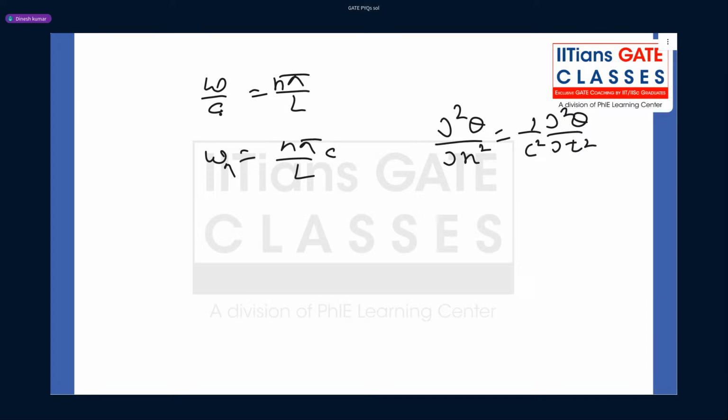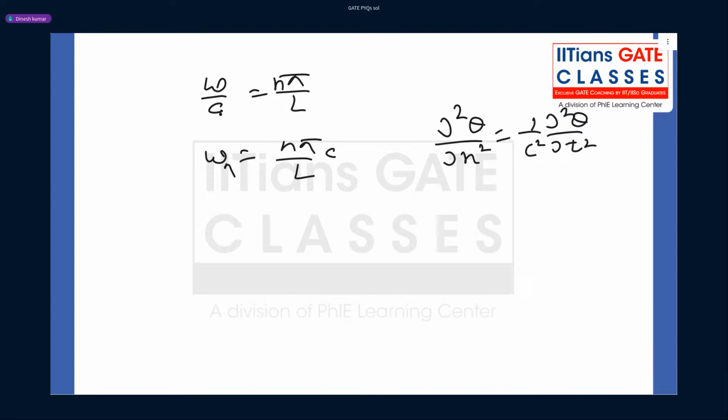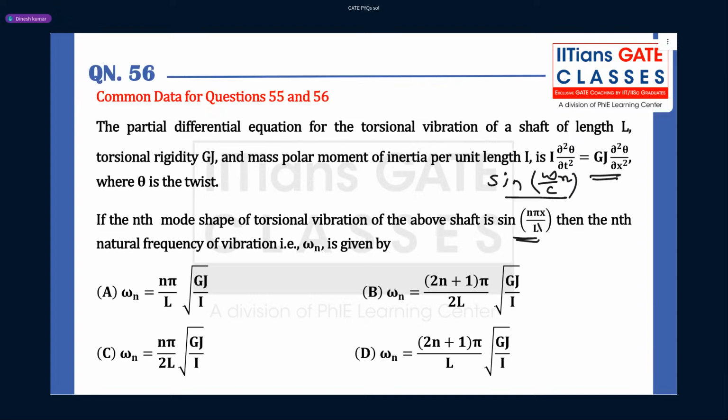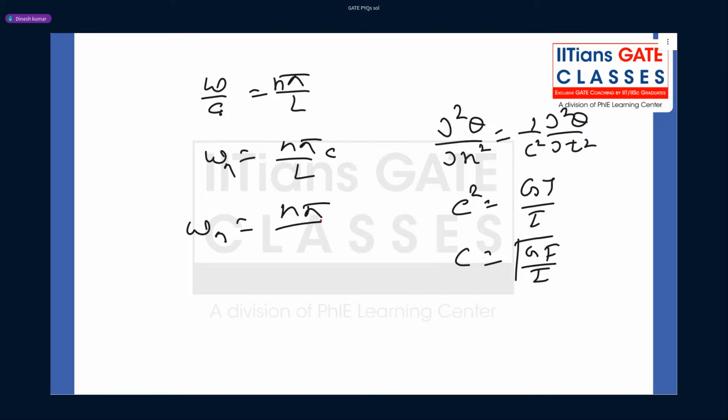So when you compare this equation with the given governing differential equation, what is your c²? c² will be GJ/I. So c will be the square root of GJ/I. c is the velocity of wave propagation, and your natural frequency ωn is given by nπ/L times the square root of GJ/I.